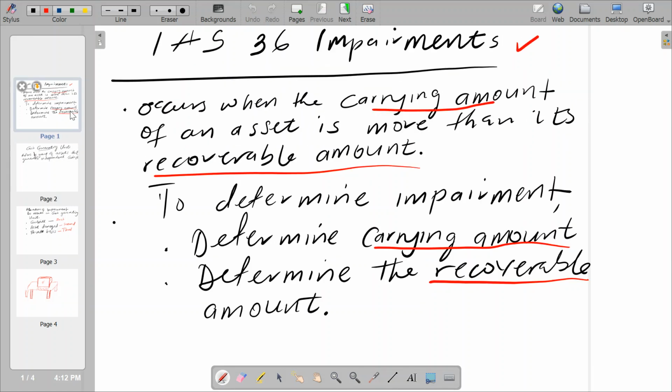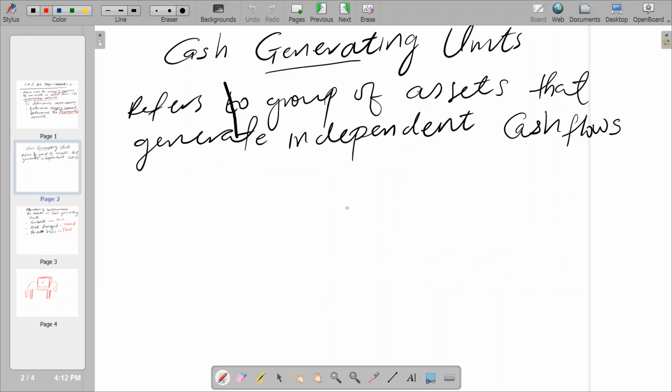And we said that the recoverable amount comes from two items.